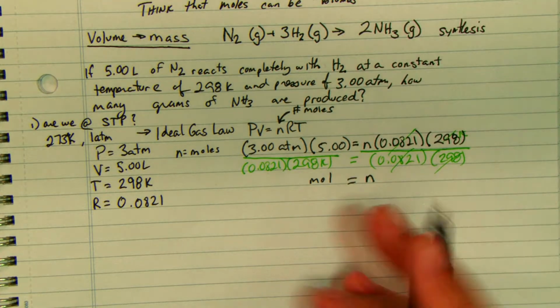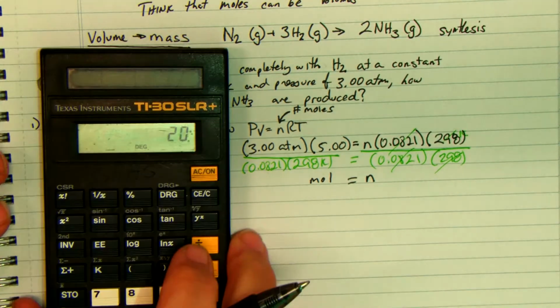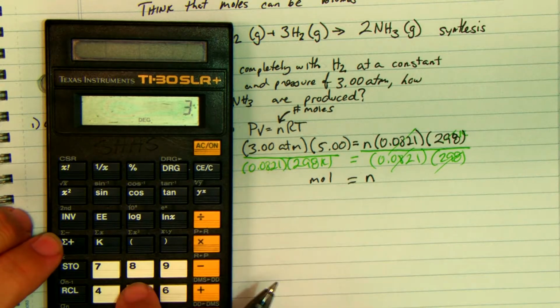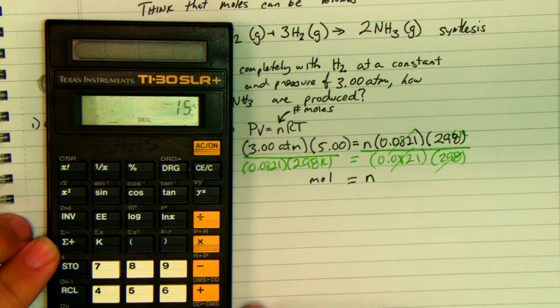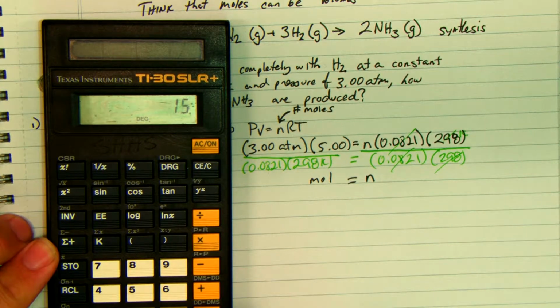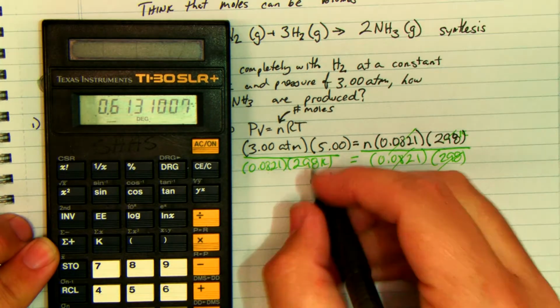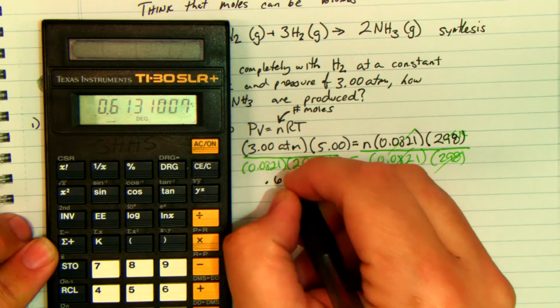So we'll just use our calculator. We'll go 3 times 5 is 15. Divide that by 0.0821. Then divide that by 298. And we get 0.613 and change.